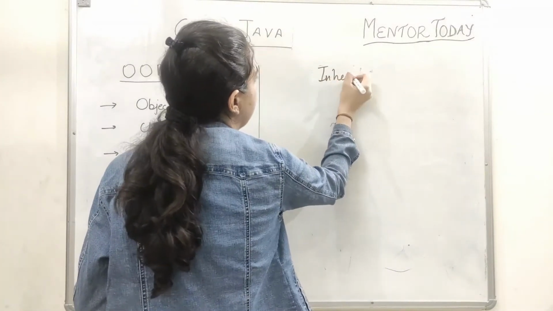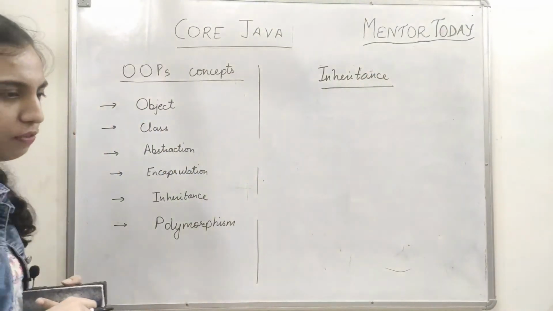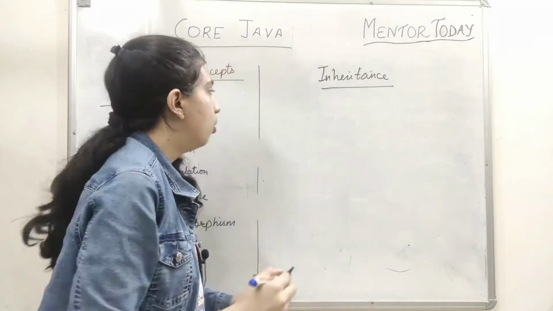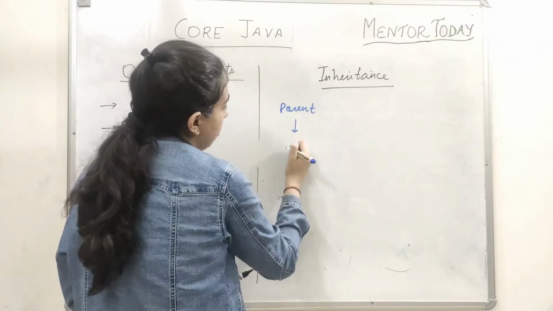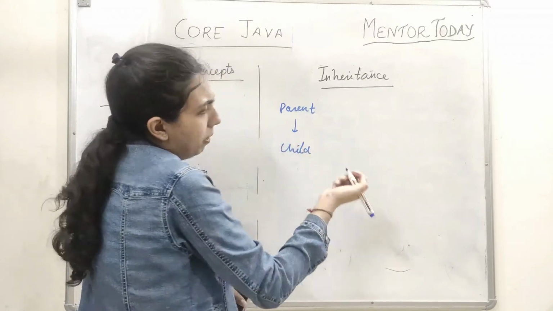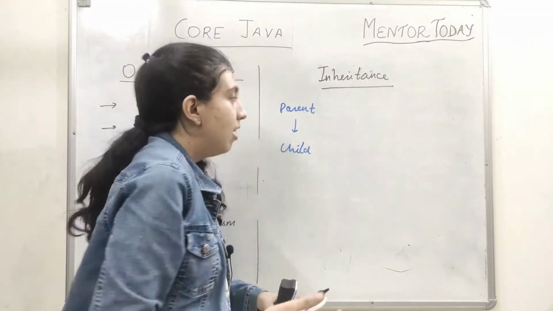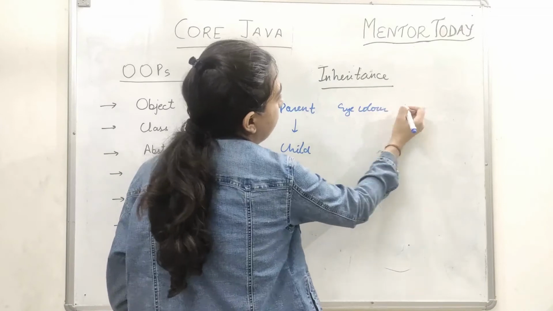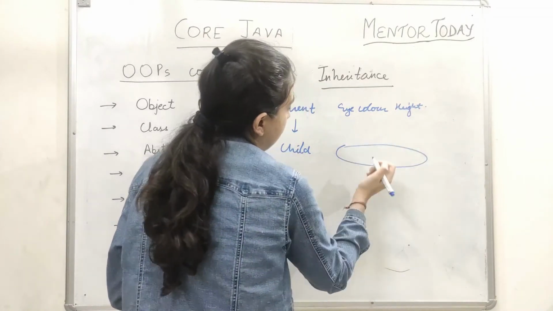Inheritance, a very important concept in our programming language. First of all, I'll tell you the meaning of inheritance. In our real world also, you have your parents, your mom and dad, and then you are the child. So whatever properties your father or mother has, like for example eye color, height, etc., all these come to you also.